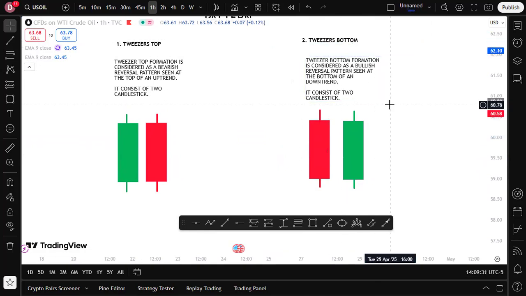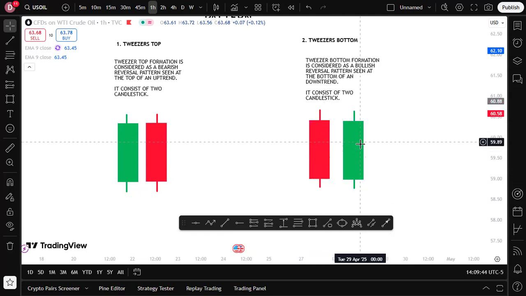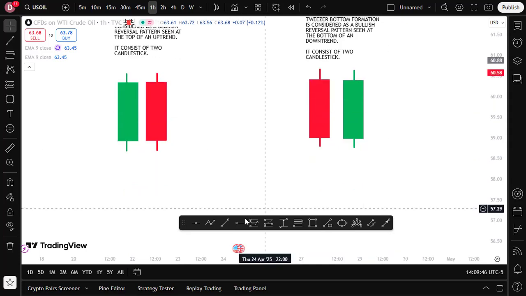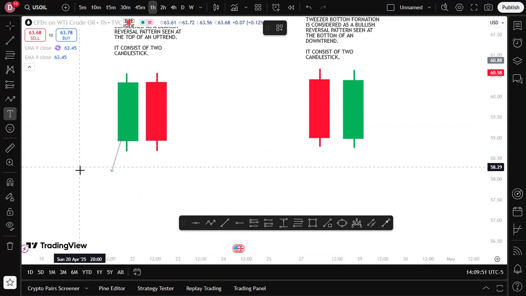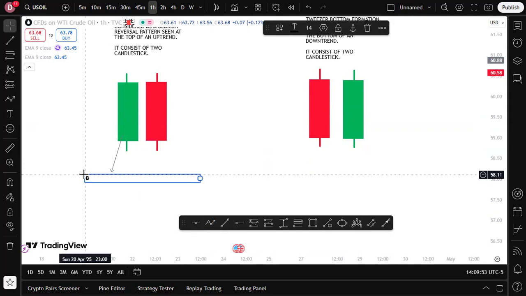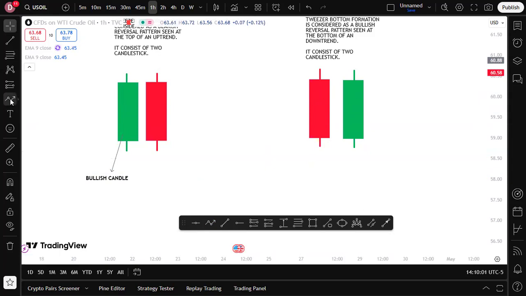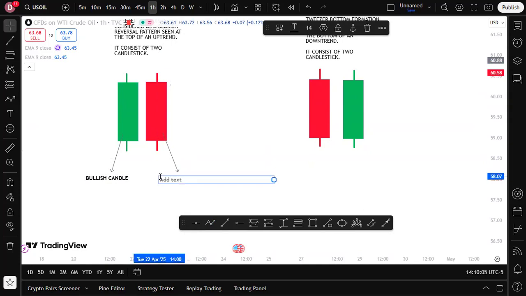A tweezer bottom formation is considered a bullish reversal pattern seen at the bottom of a downtrend. It consists of two candlesticks, with the first one being the bearish candle and the second one being the bullish candle. This will be the bearish candle, and this will be the bullish candle.